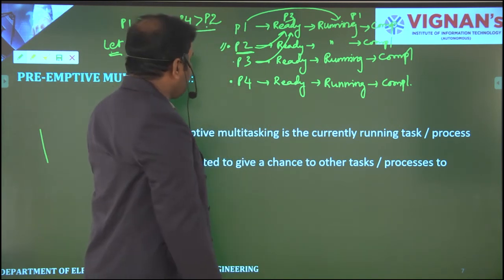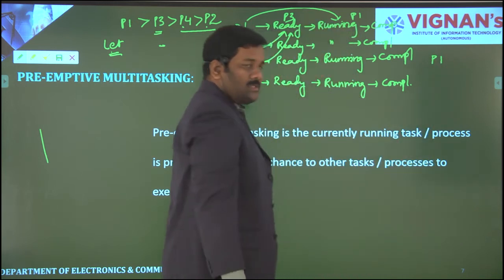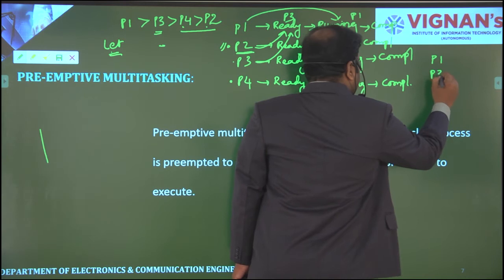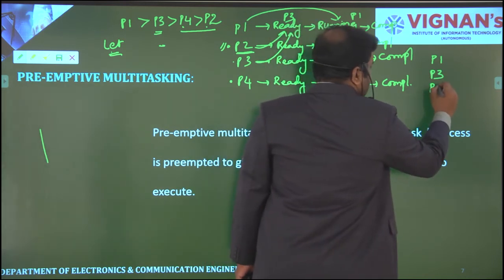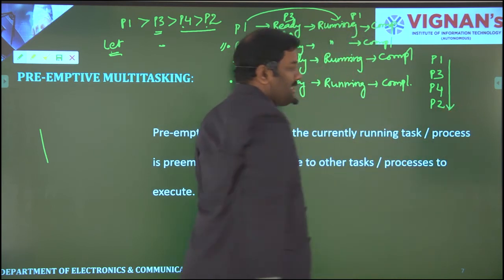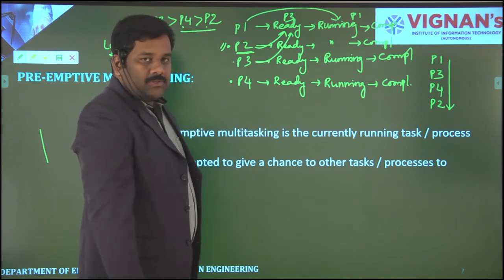So which is the first output that we will have? First output will be P1, process 1, the second one is P3, the third one is P4, and the last one is P2. In this particular order only it will execute.